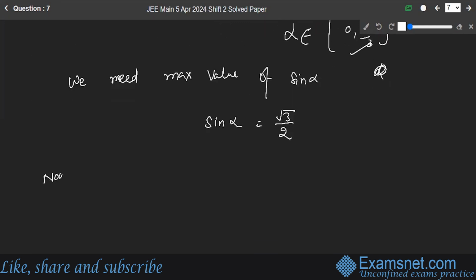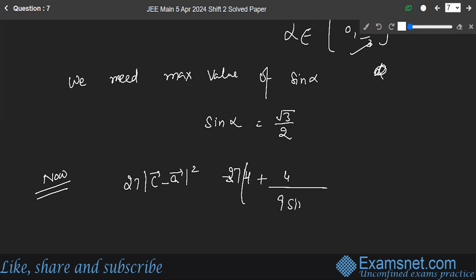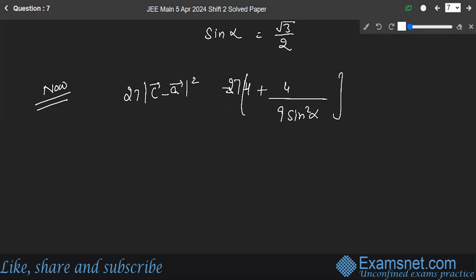Now 27 C minus A square, it was equal to 4. This 27 multiplied 4 plus 4 upon 9 sine square alpha. This will be equal to 27 into 4 outside, 1 plus 1 sine square alpha. This will give me this.